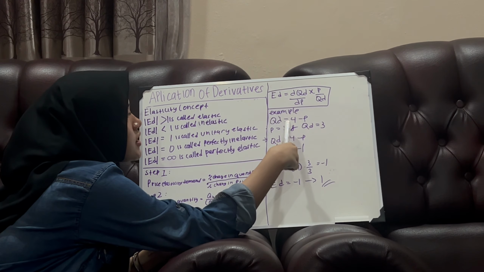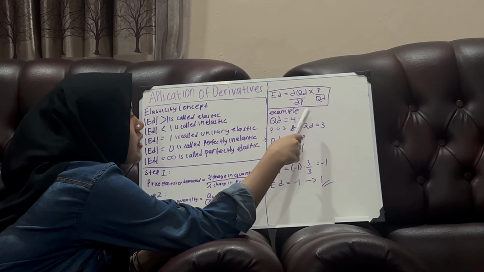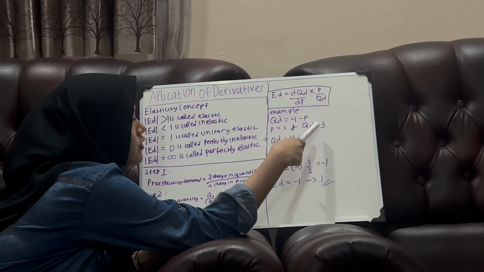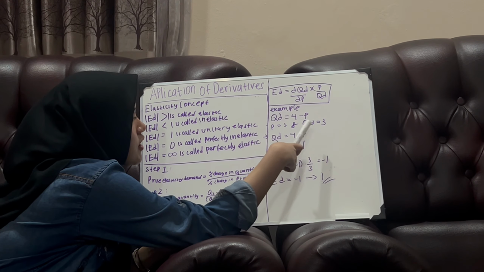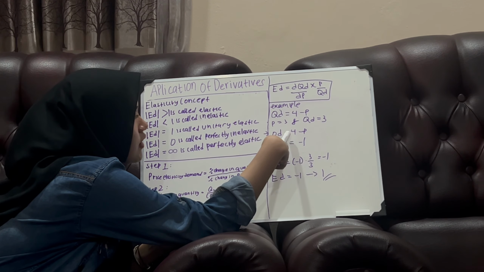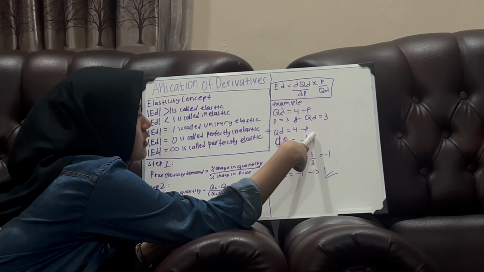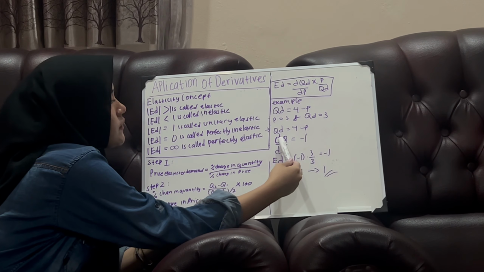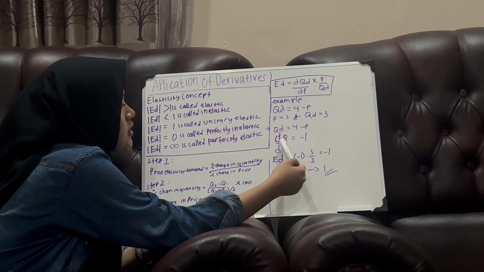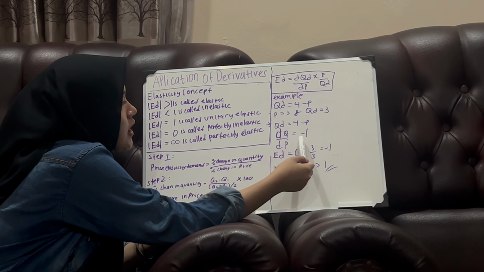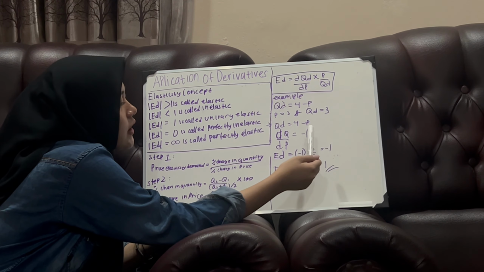Example: QD equals 4 minus P. P is 3 and QD is 3. QD equals 4 minus P. The derivative dQ per dP is minus 1.